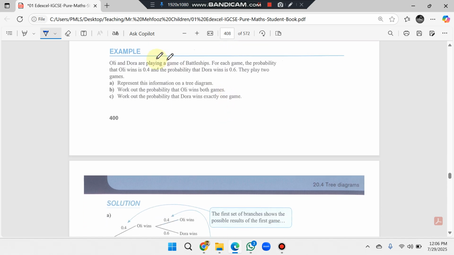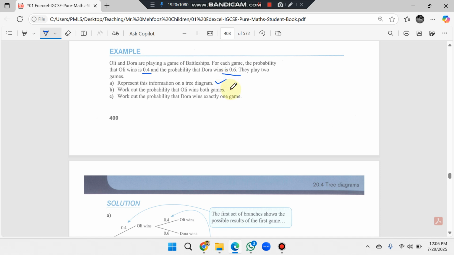So here is the example: Ollie and Dora are playing a game of battleships. For each game, the probability that Ollie wins is 0.4 and the probability that Dora wins is 0.6. They play two games. Represent this information in a tree diagram.